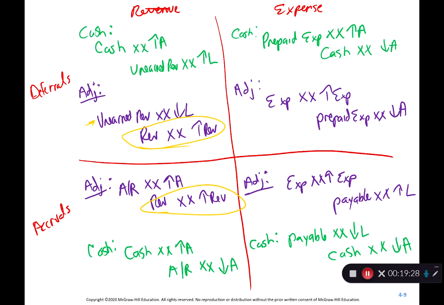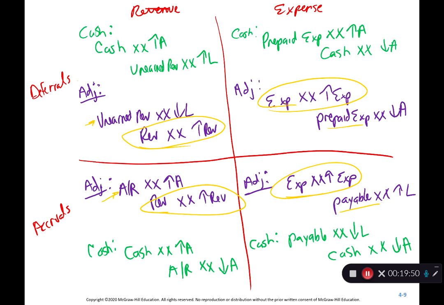If we haven't received the money, then receivable is our debit. With expenses, both adjustments have a debit to the expense, so the question just becomes, what's the credit? If we previously prepaid it, the credit is to our prepaid asset to make it go away. If we haven't paid it yet, our credit would be our payable because we owe the money.